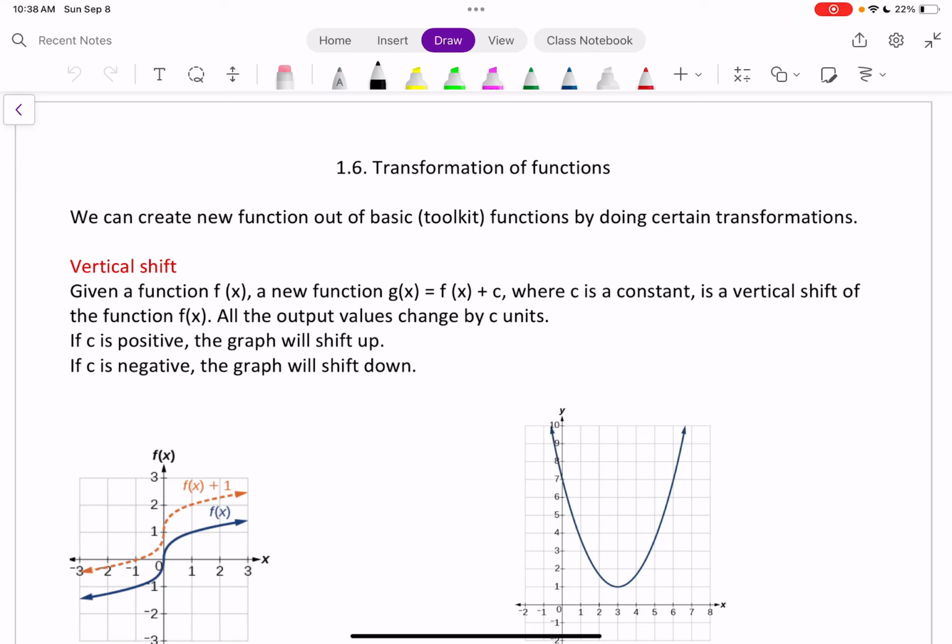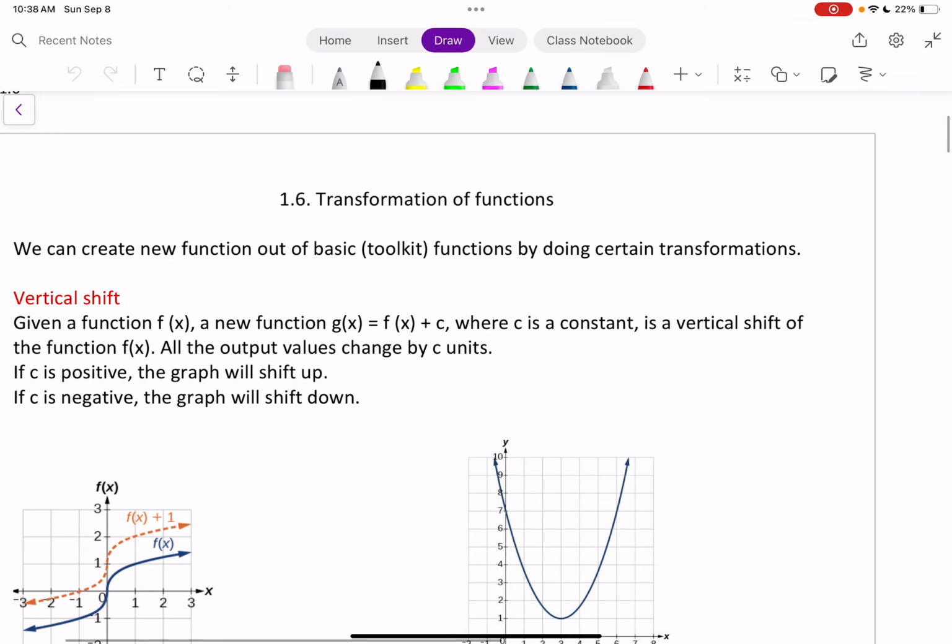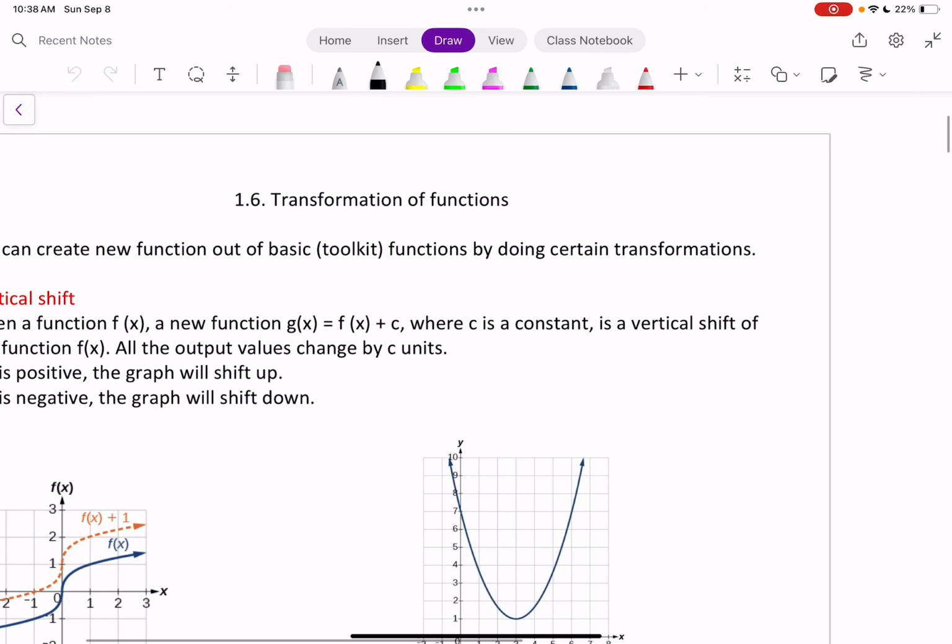All right, class, here is section 1.6, transformations of functions. So the idea of this section is how do we create new functions out of our basic or toolkit functions discussed in 1.3. In other words, we already have graphed or know the function f of x equals x.